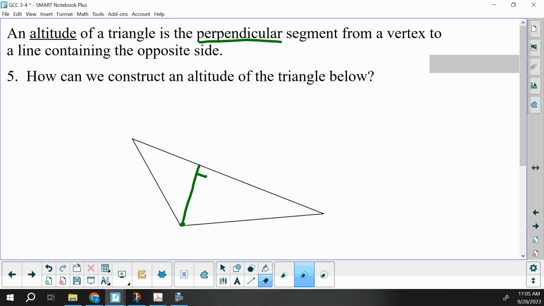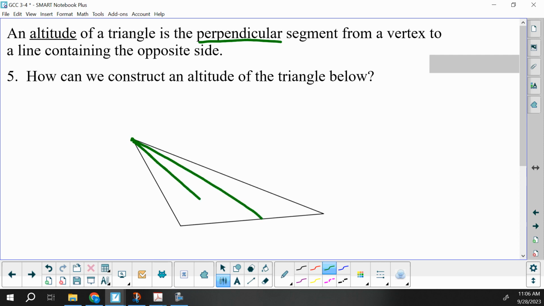If we went from one of the other angles though, let's say we went from this angle up here. There is no way to draw a line that goes through the inside, so it forms a right angle here.